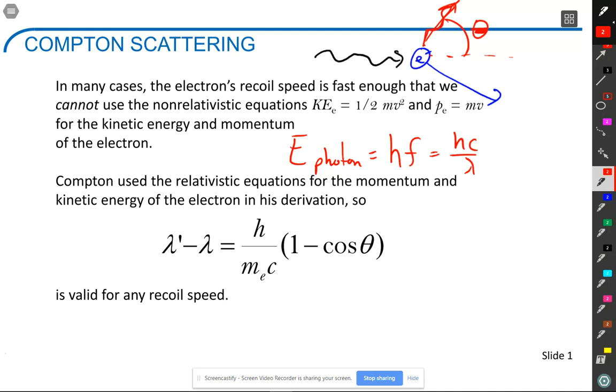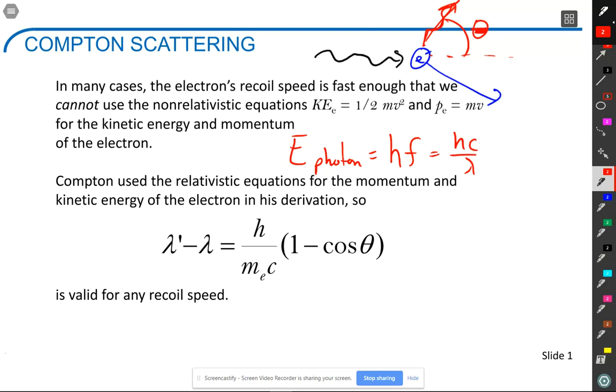This number here came out to be 2.43 picometers. And since the mass of a proton is, what is it, 800, let's just say 1,000 times between friends, plus or minus 50%. If the mass of a proton is 1,000 times bigger than the mass of an electron, what does that make the wavelength shift for scattering off of a proton? If you divide by something that's 1,000 times bigger, what do you get?